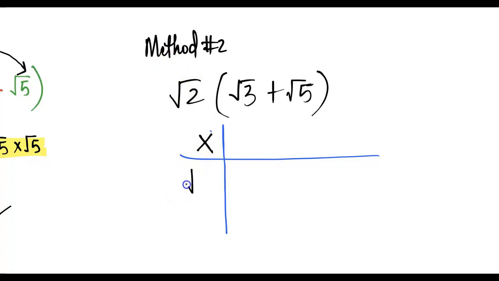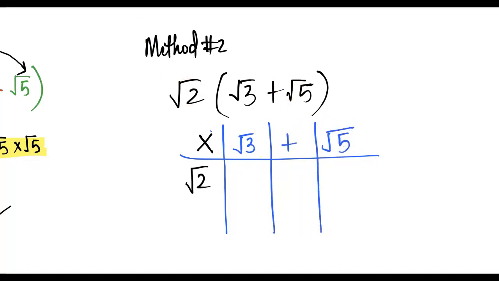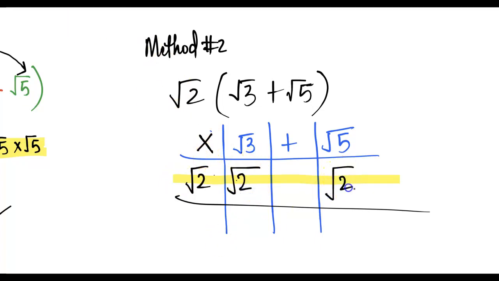We have the term root 2 on this side, and on the other side we have root 3 plus root 5, right? Now we will multiply these blocks. Root 2 is copied here and root 2 will be copied there, and just copy your plus. From the top, root 3 will be copied there and root 5 will be copied there.